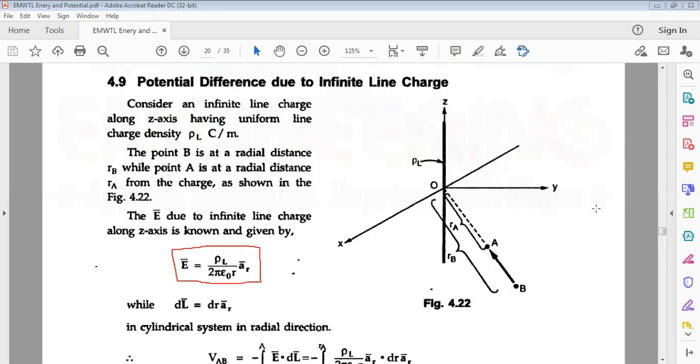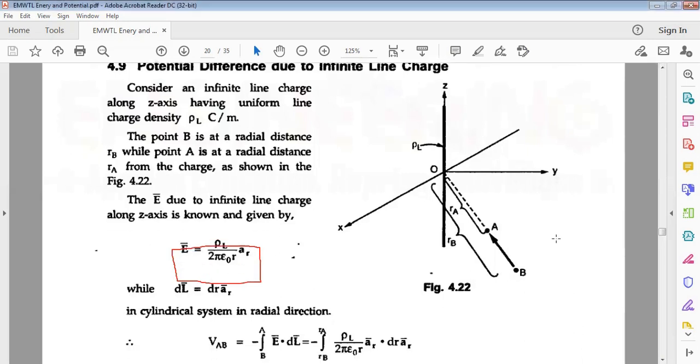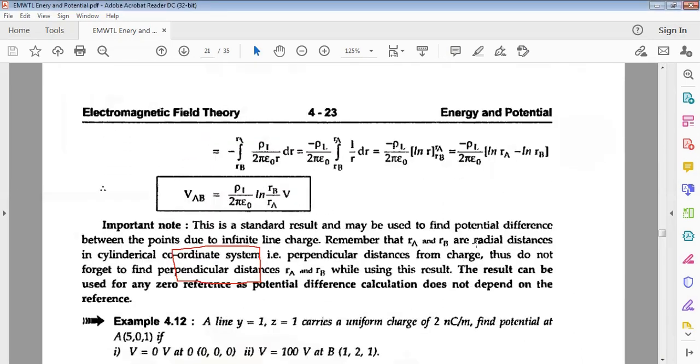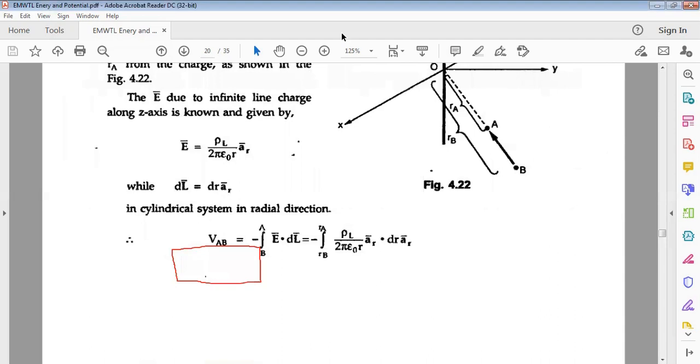Substitute these two functions in the potential V equal to minus integral B to A of E bar dot dL. E is rho L by 2 pi epsilon naught R a R bar, dot dL bar which is dR a R bar. a R bar dot a R bar is equal to 1.